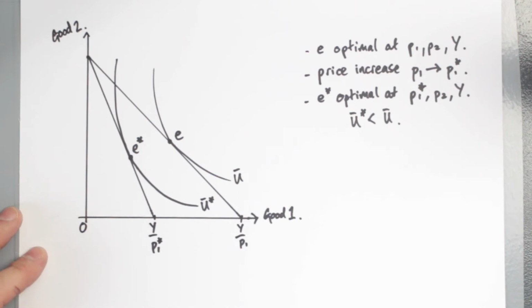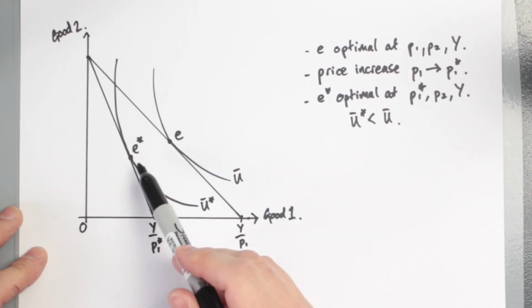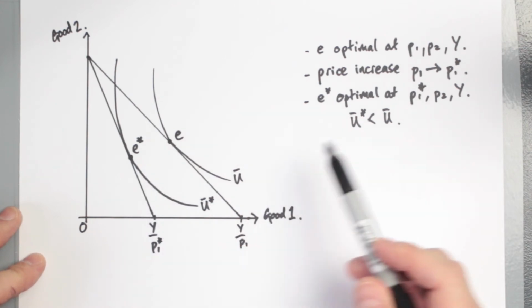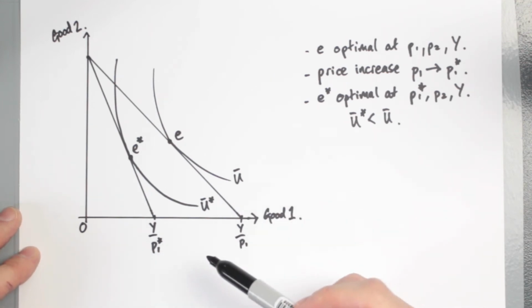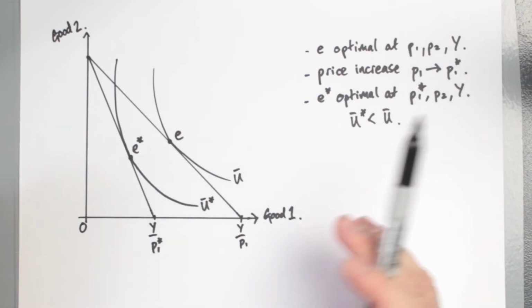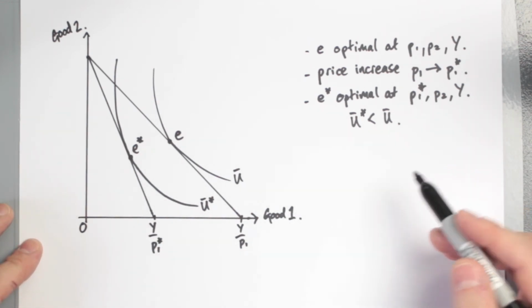Okay. As we did in our previous section on compensating variation, I could look at this point, this line here. Now, E star maximizes utility subject to the budget constraint when the price is P1 star, price of good 2 is P2, and income is Y. Similarly, I could look at it in the dual way as the solution to an expenditure minimization problem.